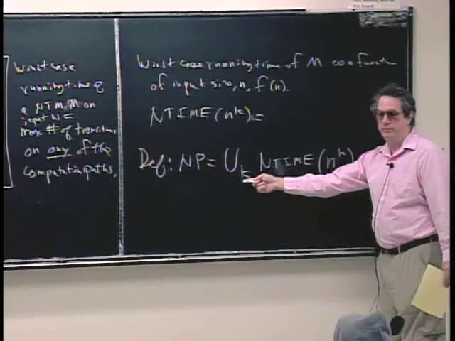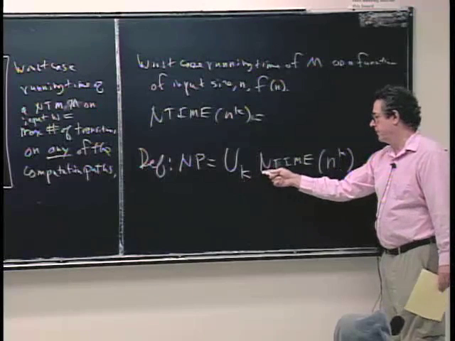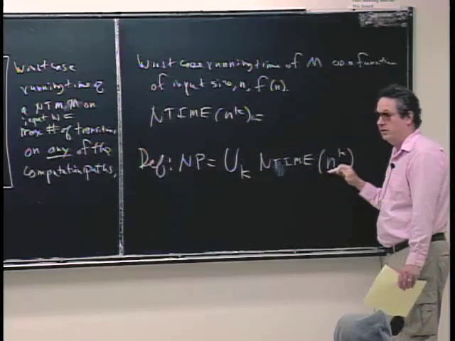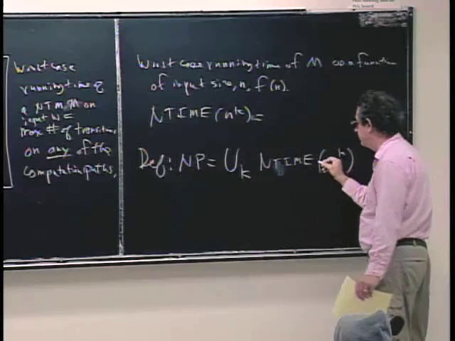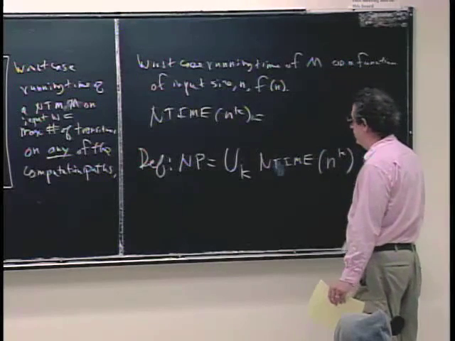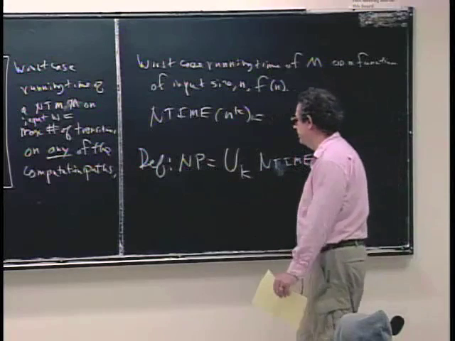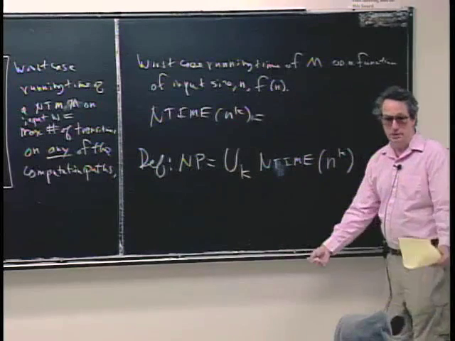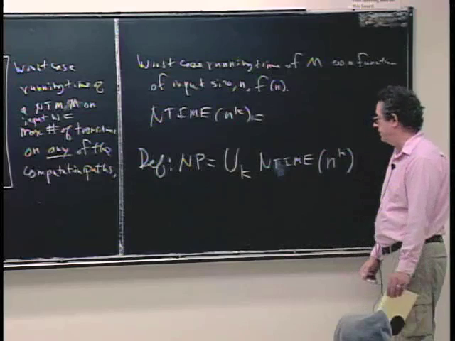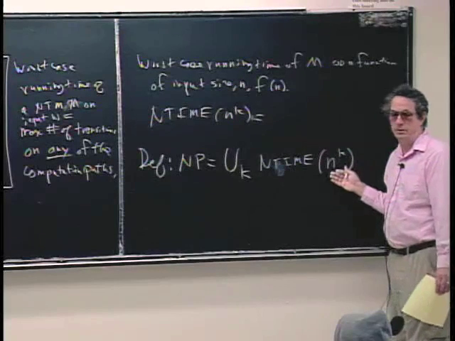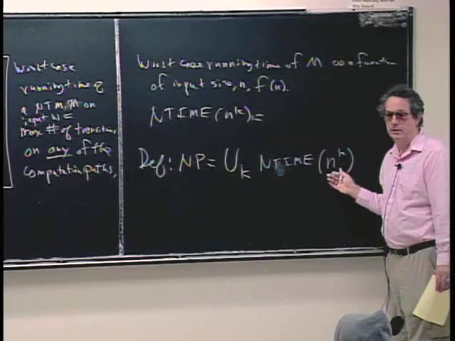And k doesn't have to be an integer. N time 2.5, whatever. All the possible polynomials. Anyway, NP is the set of all languages which can be decided by some non-deterministic Turing machine whose worst-case running time is bounded by a polynomial. Okay?